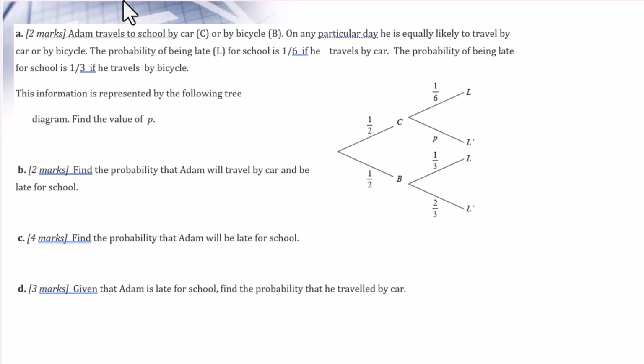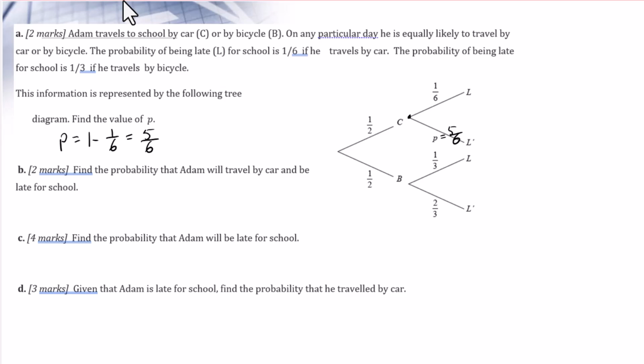This information is represented by the following tree diagram. Find the value of P. For the tree diagram, the sum of probabilities from the same node will be 1. Therefore, P equals 1 minus 1/6 equals 5/6.